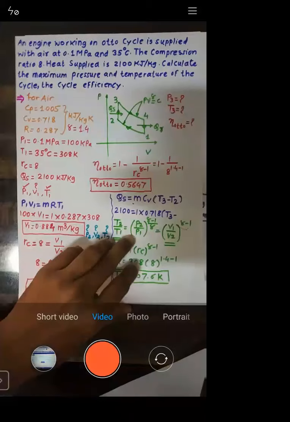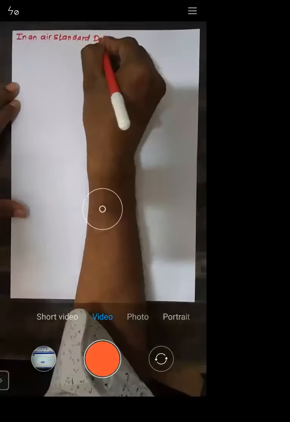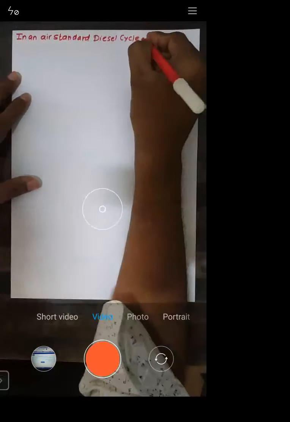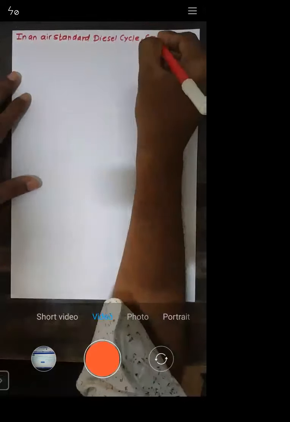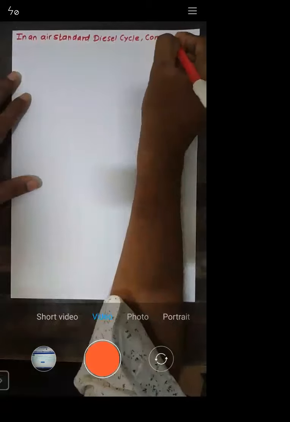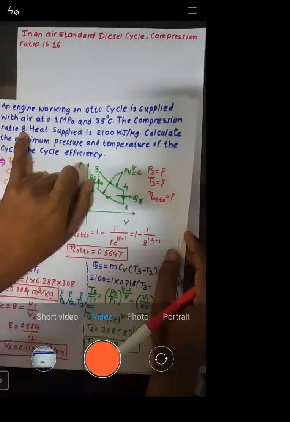In an air standard diesel cycle, the compression ratio is 16. When we see the previous problem on an Otto cycle, the compression ratio was 8. Now when we work on a diesel cycle, the compression ratio is 16, right?